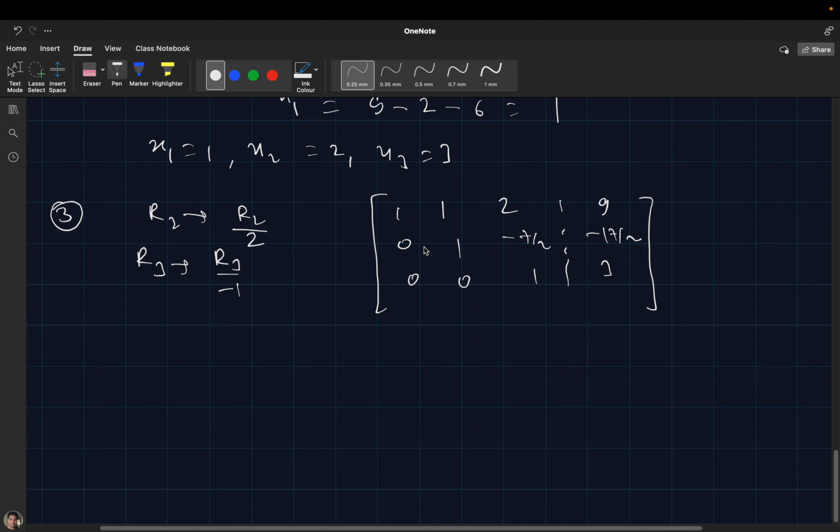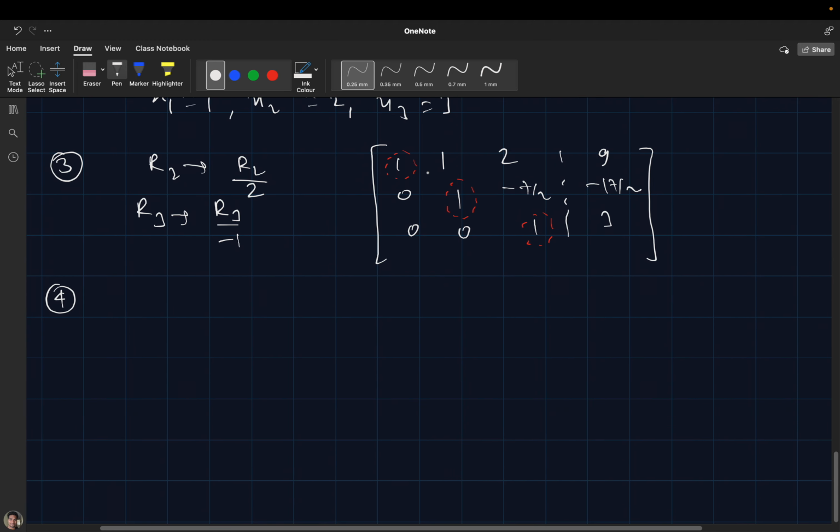You can see that I changed the diagonal elements to 1. Now I will move further and try to make this element 0. So I will do R1 change to R1 minus R2.